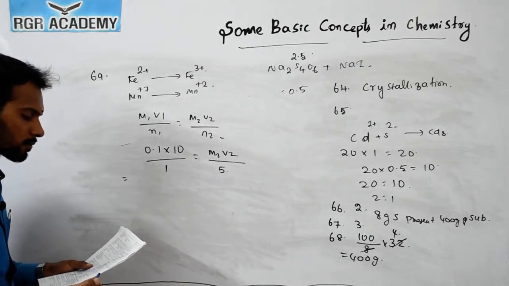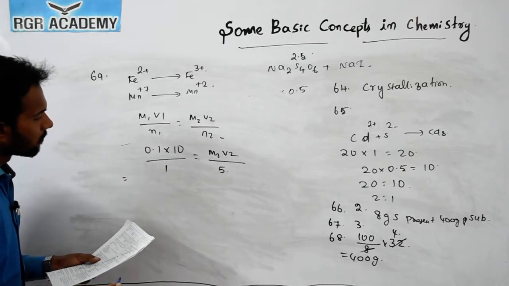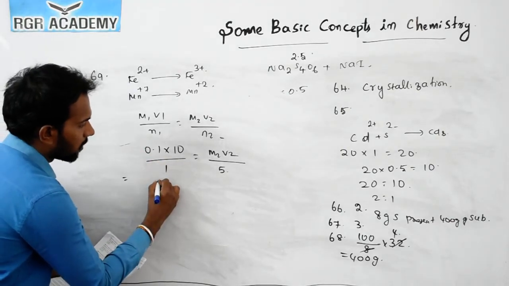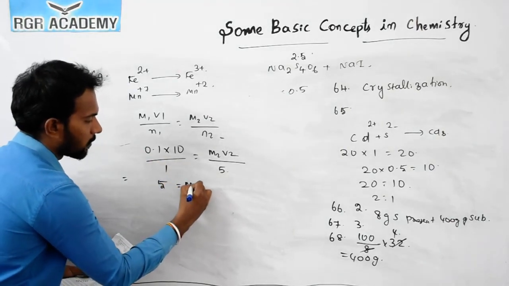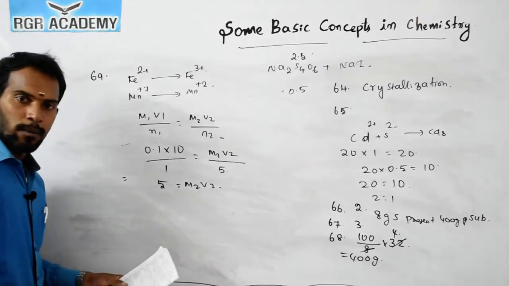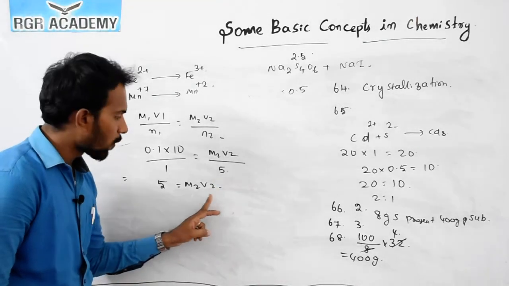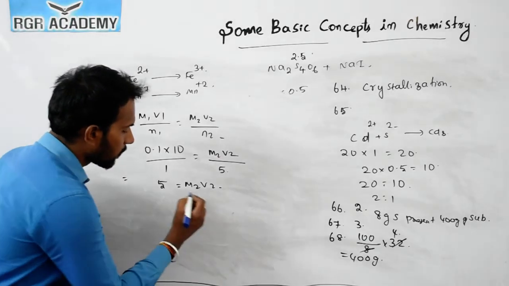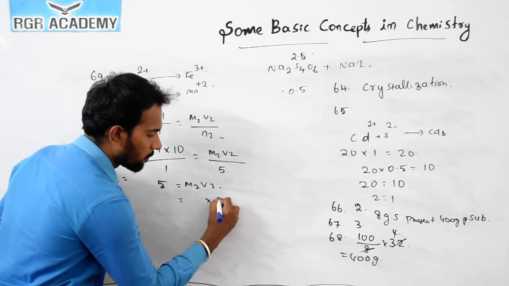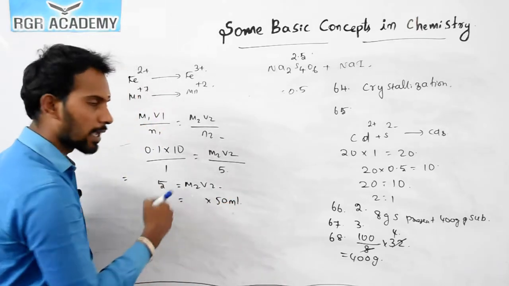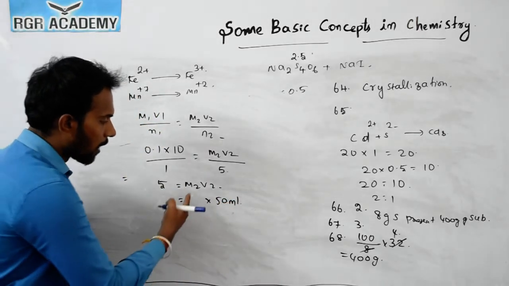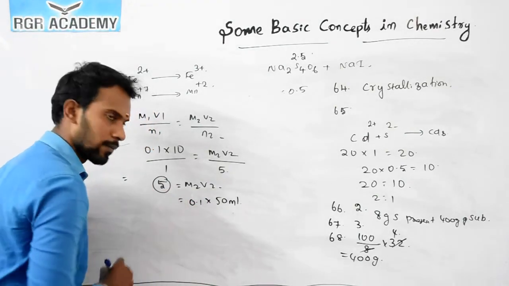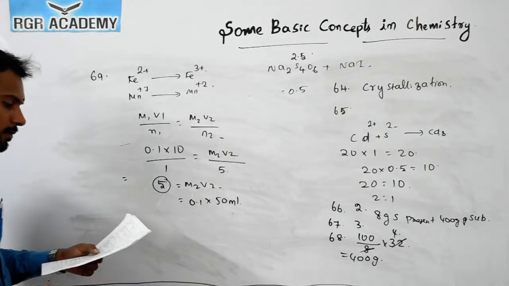Now see this one. So multiply this value, so you will get 5, which is equal to M2 V2. So the concentration into volume, the value you should get is 5. So when it will give 50 ml of this KMnO4 solution, and its concentration should be 0.1, then only you will get the value 5.